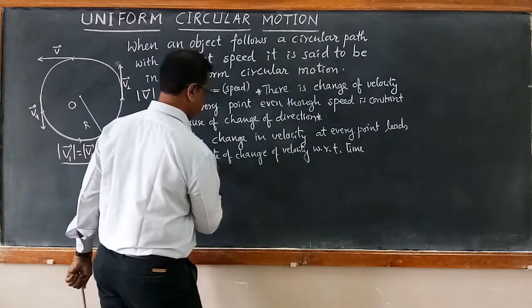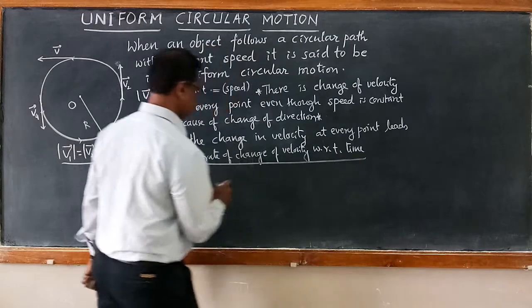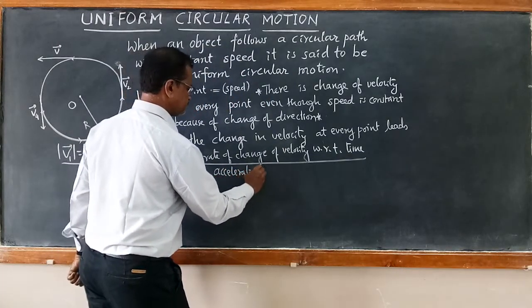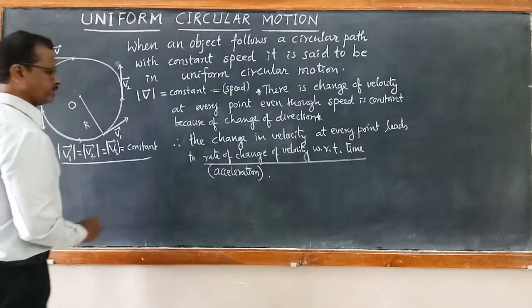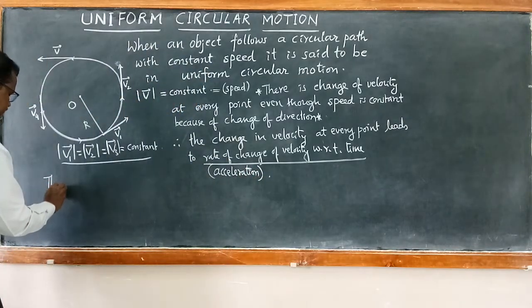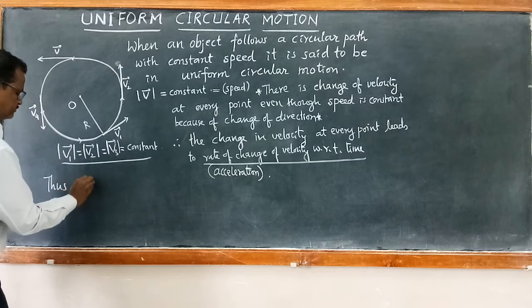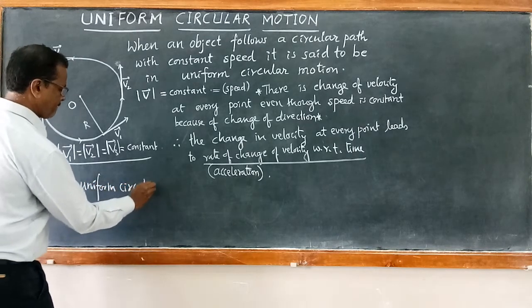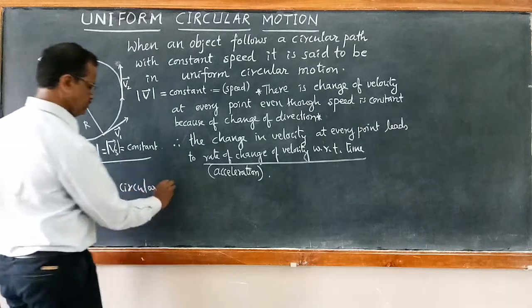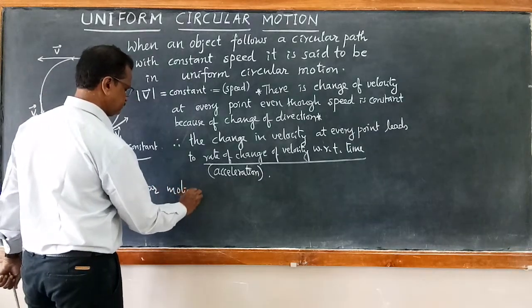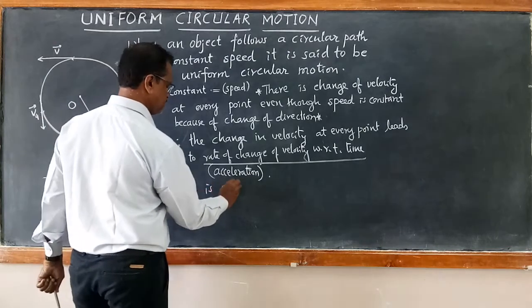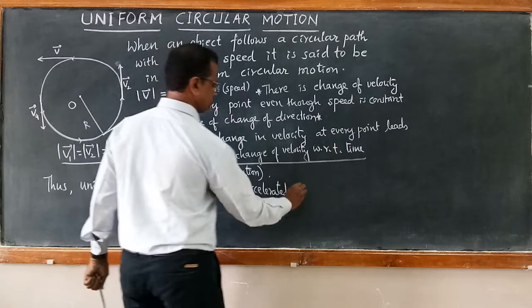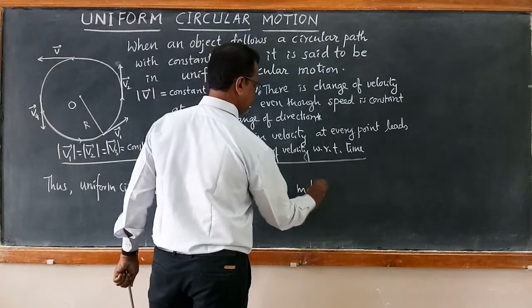This rate of change of velocity with respect to time is called acceleration. Thus we conclude that uniform circular motion is an accelerated motion.